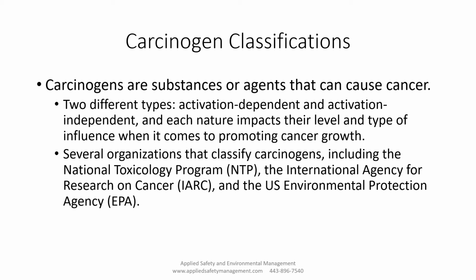Lots of different organizations out there do the research. There's the EPA, there's the International Agency for Research on Cancer. There's a lot of different ones. Those are the two main ones that you're going to find on the SDS sheet.